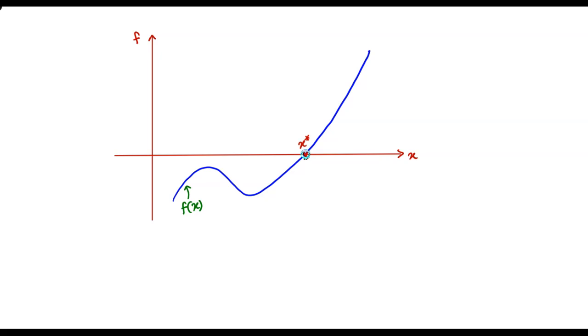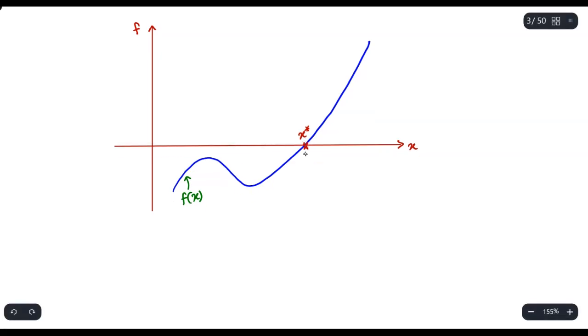So I'm going to assume somewhere here is our x naught, and our intention is to get the root of f(x). We are hoping to go to the left until we reach x star. Now, corresponding to the x naught.